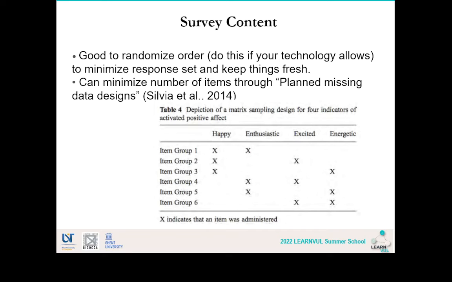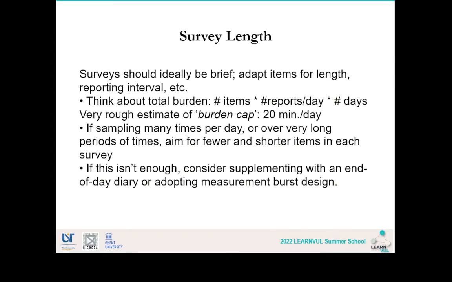That's what we call planned missing data designs. This is a good way to get rid of the repetition, because after a while people expect what kind of emotion you're going to ask and respond more automatically.